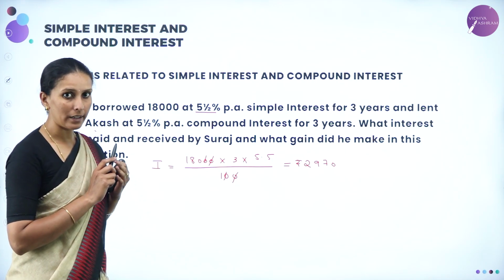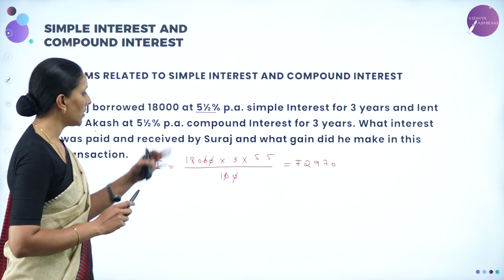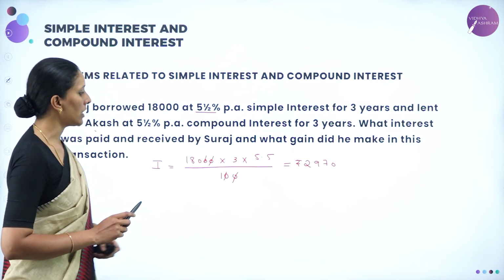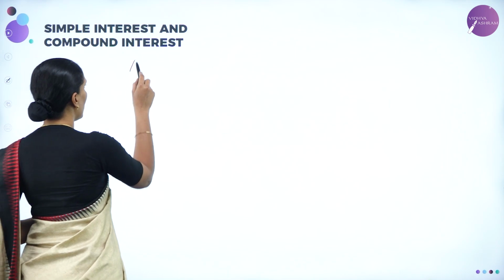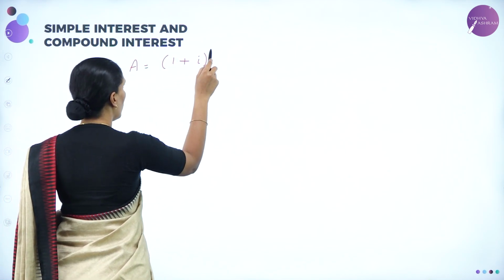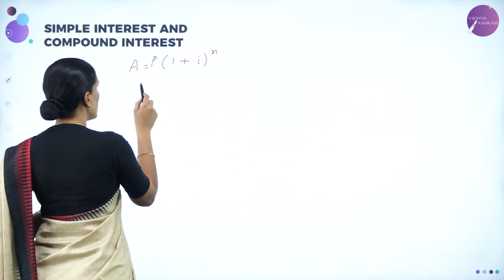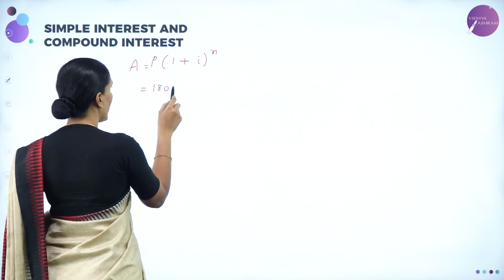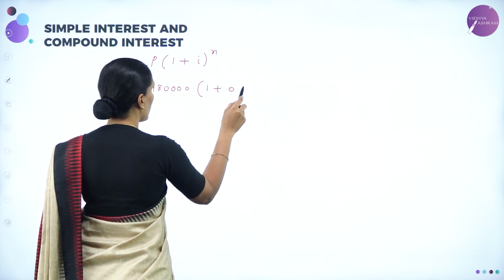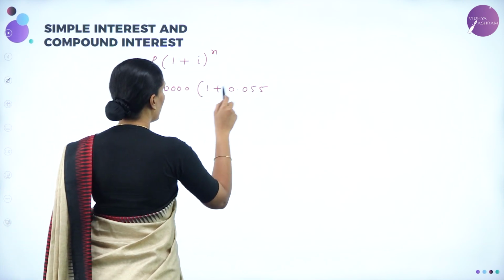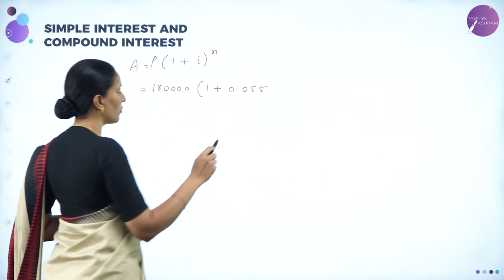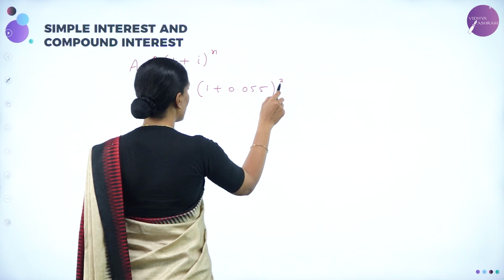So let us calculate the compound interest. To calculate the compound interest, we need to find out the amount after 3 years. For that we have a formula: A is equal to P into (1 plus I) whole to the power n. Here the principal is the same amount, 18,000, and the rate of interest is 0.055, because in compound interest, the interest rate is always expressed in decimal, and the number of years is 3.